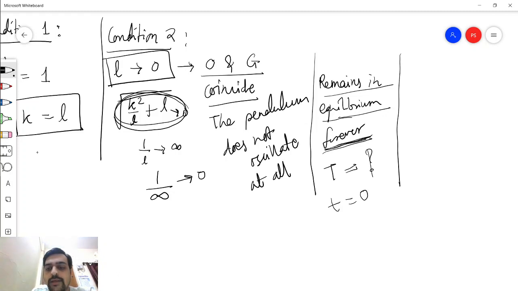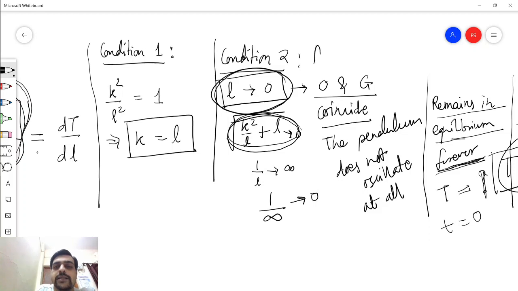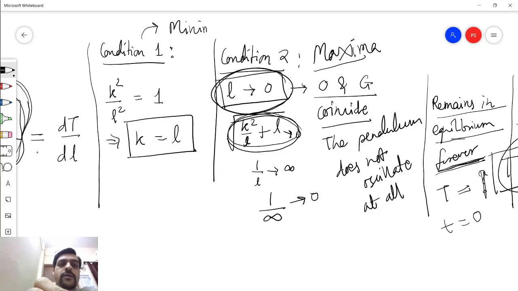That means the time required for the pendulum to come back to its original position will be infinite. So this condition, L tending to 0, is the condition of maximum time period, which is infinity. Okay, so we have established that this condition is the condition for maximum. So obviously the second condition is going to be the condition for minimum.